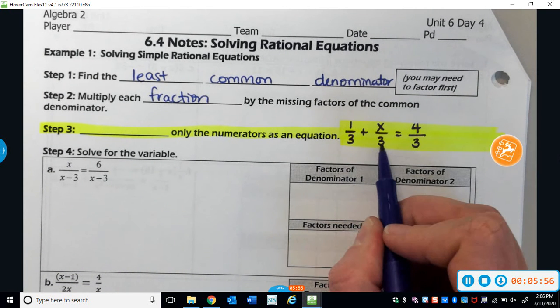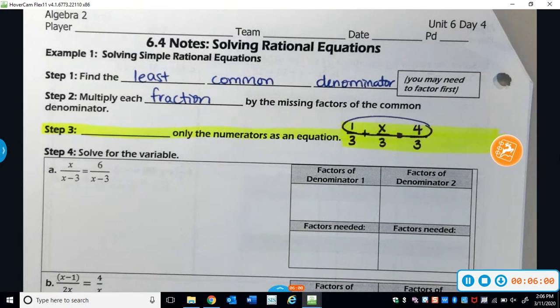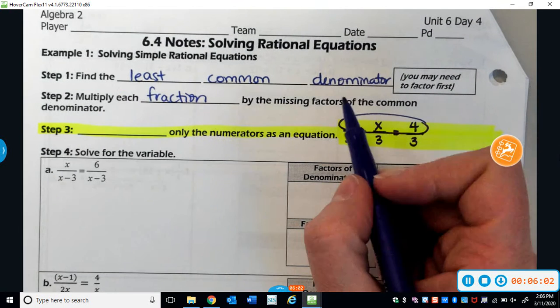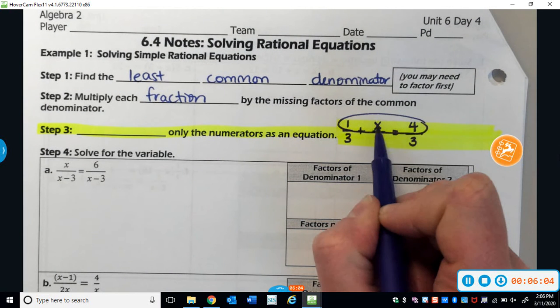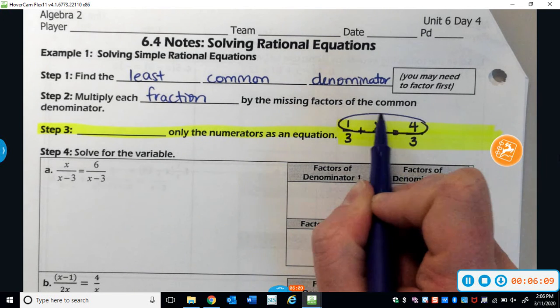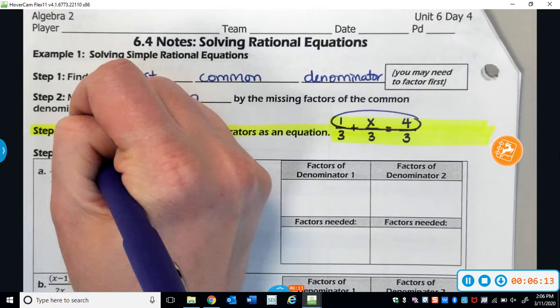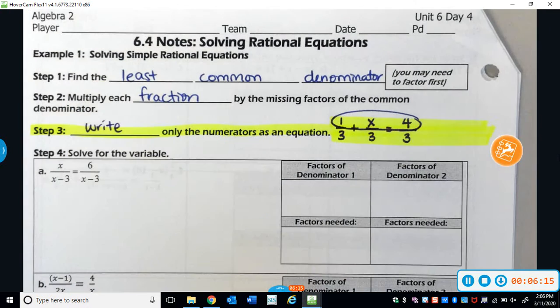That just shows us the sized piece that I have. So really, to solve this, I just focus on the numerator, and you can probably figure this out in your head. The only thing that this could be that would result in a 4 is a 3. So when I'm solving the equations, once the denominators are the same, this is the part that I'm focusing on to solve for x. So we're going to be writing an equation that is just about the numerators.